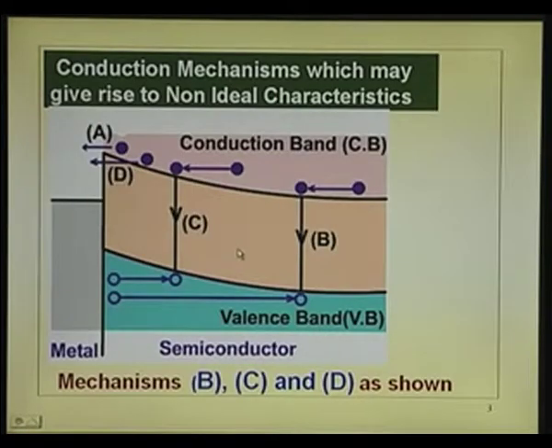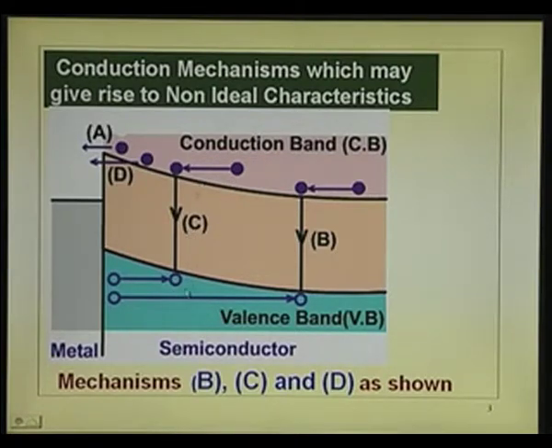Forward, I is I naught e to the power of, instead of being V by V t, it is V by n V t. That is, it increases less rapidly with voltage. We considered only this current, the thermionic emission current, and B, C, D are the various terms which we have neglected. Out of that we have seen B and C in the previous lecture, that is hole injection into the neutral region and recombination. We said it is not going to matter much, we analyzed it making use of the law of the junction, p-n junction.